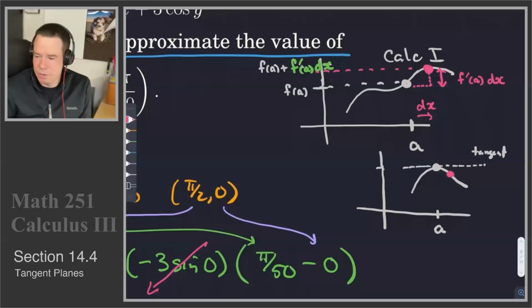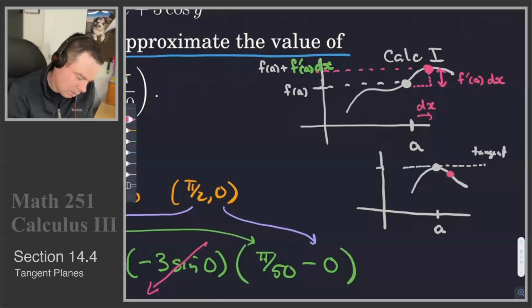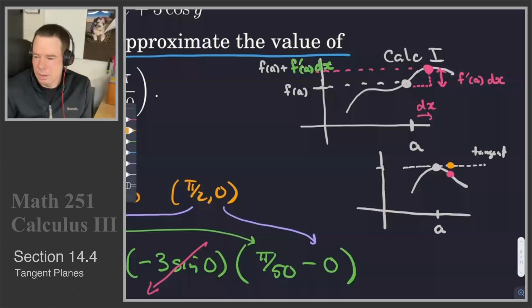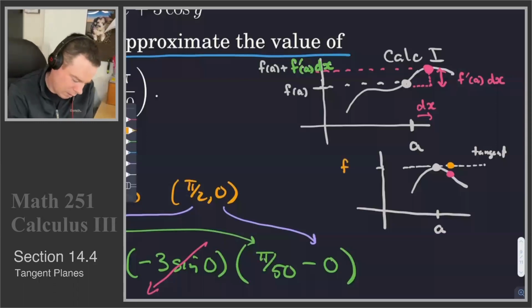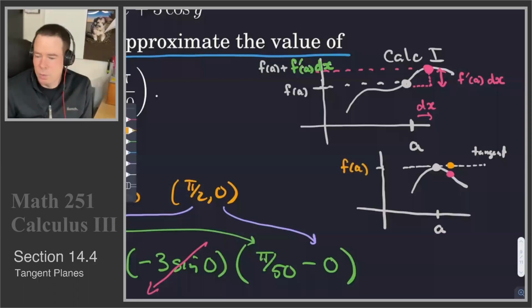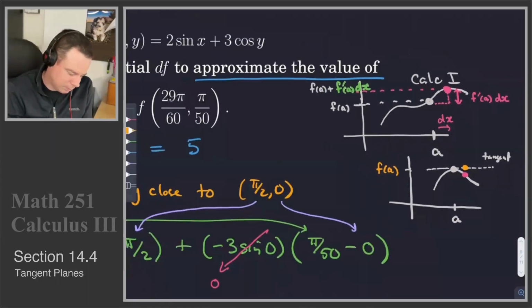If we're using our tangent line, which just happens to be horizontal in this case, then the value that we would use to approximate that red point would be the value on the tangent. And that would just be the value of the function at A itself. So here we wouldn't get any change in the y direction imposed on us by the derivative, because the derivative is 0.